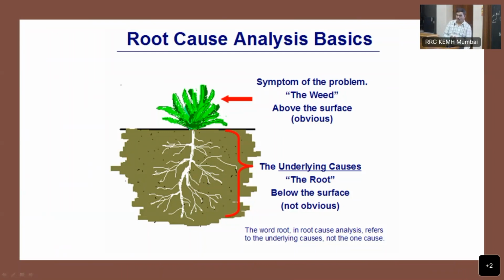So that is the concept of root cause analysis. The problem we see outside is just a manifestation. We have to go deep down to the root, to the actual problem prevailing in that system, so that a similar problem may not be encountered in the future. We will get the desired outcome.